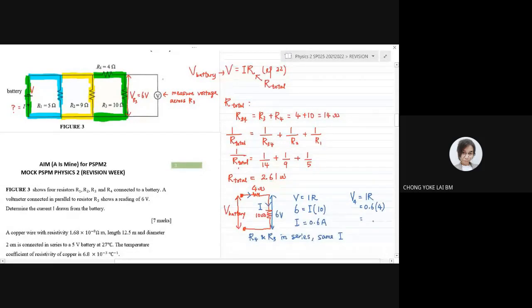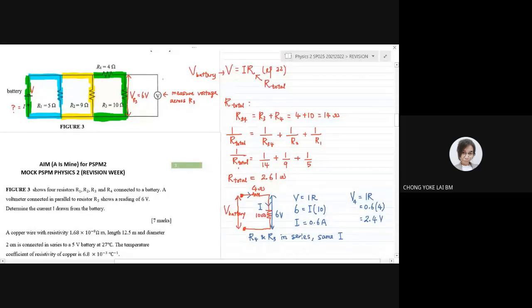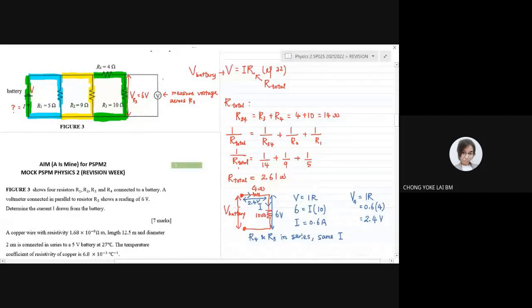So saya akan dapat 6 times 4, 24, so 2.4 volt. Okay, kita dapat voltage across here is 2.4 volt. So, kita nampak voltage of the battery is divided to 4 ohm resistor and 10 ohm resistor.